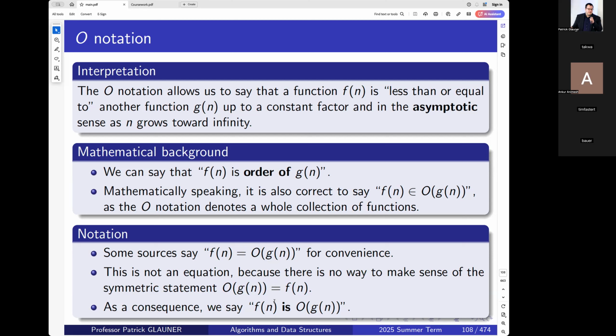In this course, I try as far as possible to always write "is" and not have an equal sign. If there is an equal sign somewhere, maybe there's a minor lack of consistency, but I try to always write out f of n is O of g of n. But if you look into other sources, they often or sometimes use this equal sign.